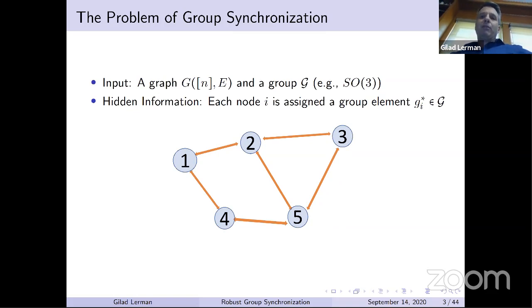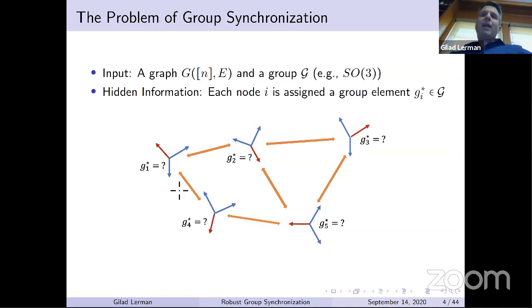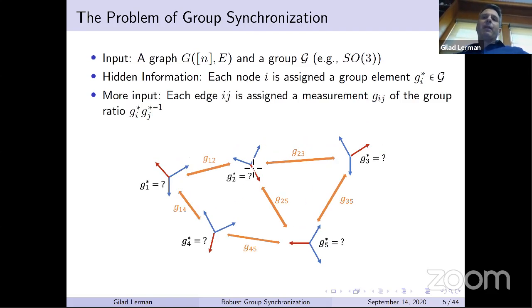Just for demonstration, I focus on SO3, and I need to find rotations per node, and I illustrate rotations by the action on the coordinate axis. I don't know the rotations, but I know measurements of the relative rotations.